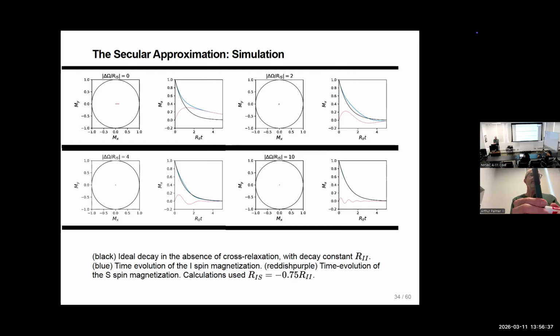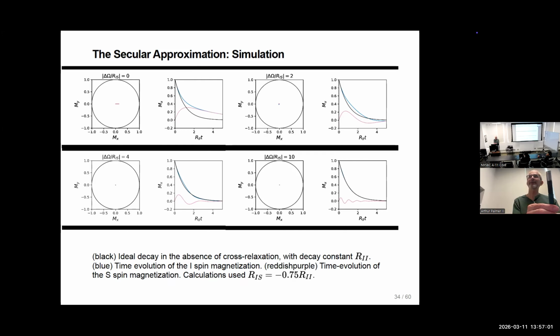And when they become anti-parallel, the cross relaxation starts flowing in the other direction. So coherence is going from black to red, black to red, black to red.